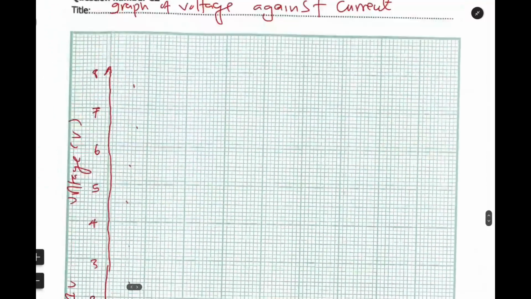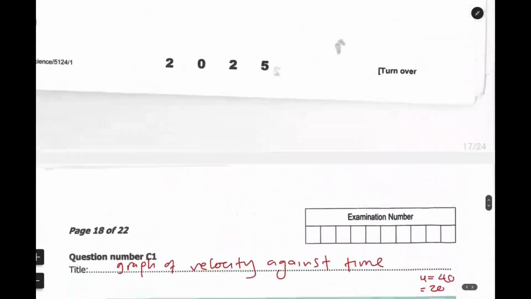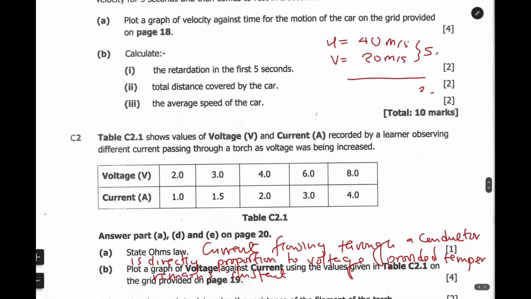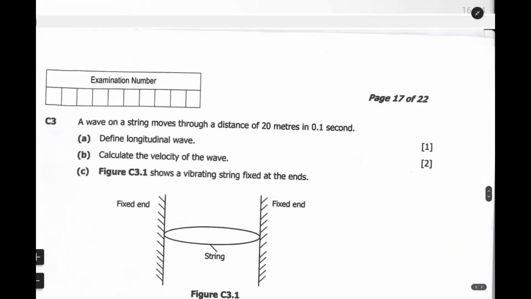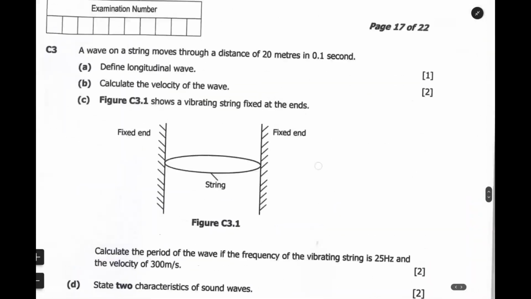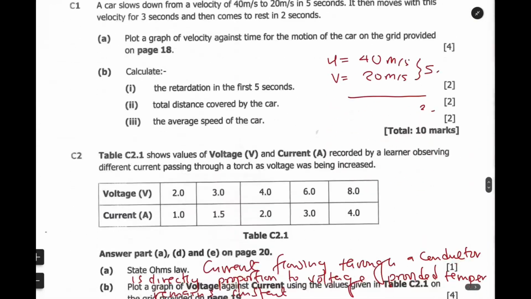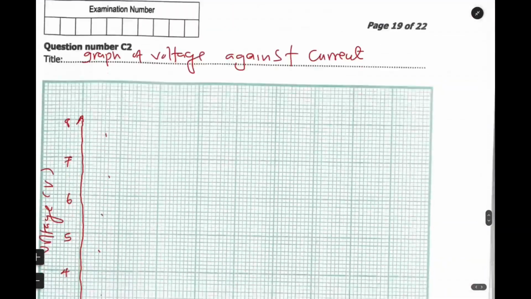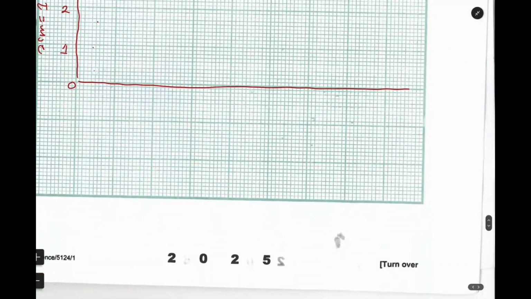Then on the other side, the current is moving as 1.5, 2, 3, 4. What is the highest? The highest is 4. So let me count the boxes that we have. How many boxes are there? 1, 2, 3, 4, 5, 6, 7, 8.